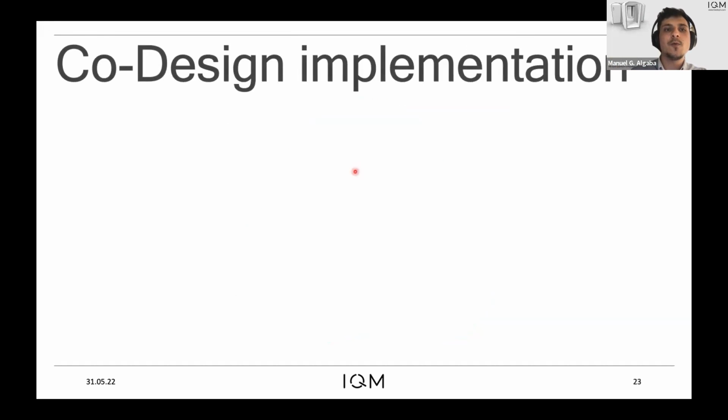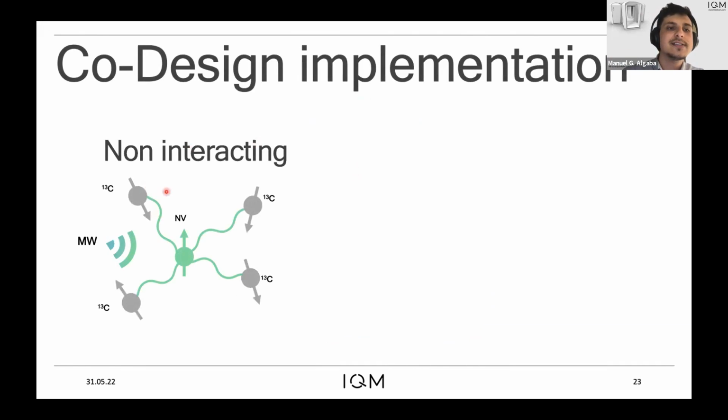So first of all, we are going to focus on two models for this hyperpolarization process I showed you before. The first of them, as I explained before, is this NV center interacting with the carbon embedded in the microwave field. But we are going to neglect first the interactions among nuclei, because these interactions are like three orders of magnitude less than the interaction between NV centers and carbon nuclei.